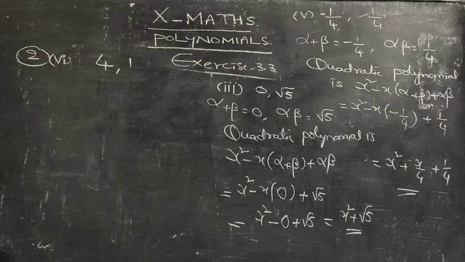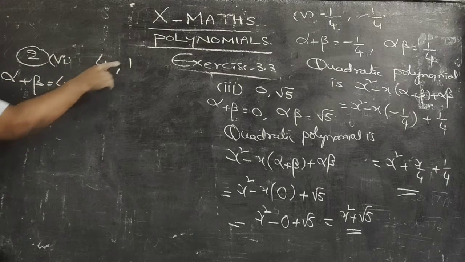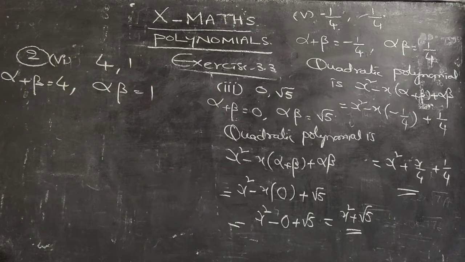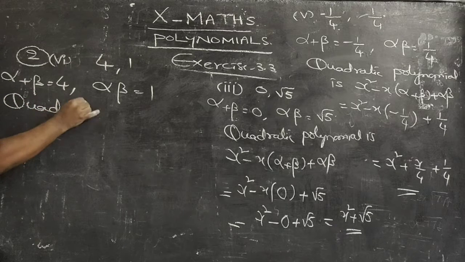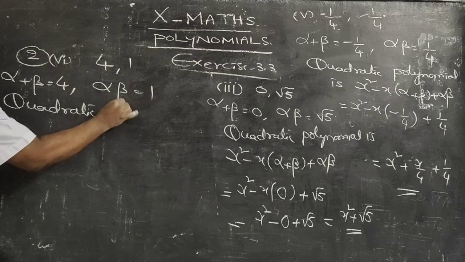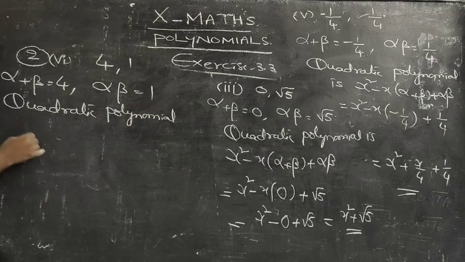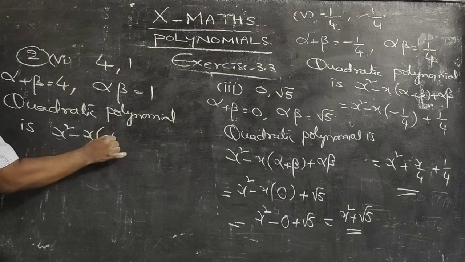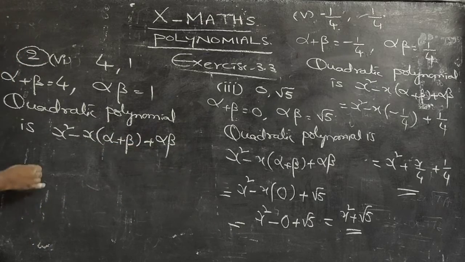Four comma 1. Now the first one is the sum of the zeros, that is alpha plus beta, which is 4. The second one is the product of the zeros, alpha into beta, which is given as 1. Now the quadratic polynomial is x square minus x into alpha plus beta plus alpha beta.